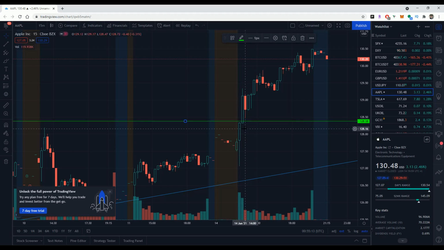What I picked up was the Apple July monthly $125 call option. I tend to play a lot more call options than put options, and that is basically a contract to buy 100 shares of Apple at $125 at the end of the period.